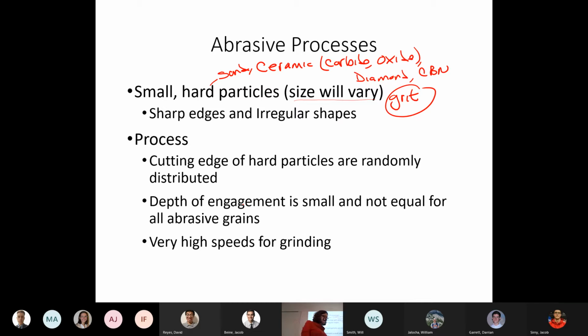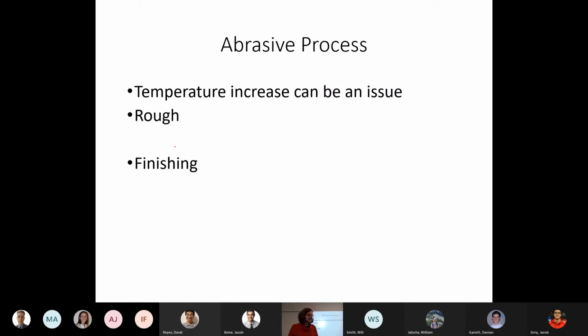Then we have generally very high speed, which means it's going to get hot, because speed is associated with temperature. So while it is a sort of chip-ish formation process, we cannot model it. We don't have the equation that we do for the other processes.